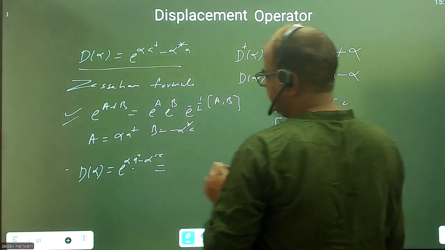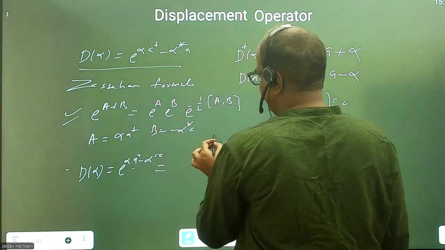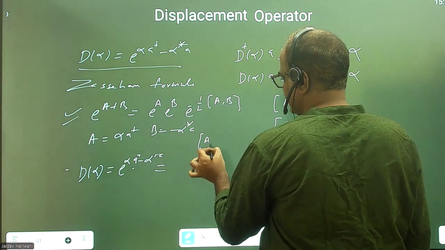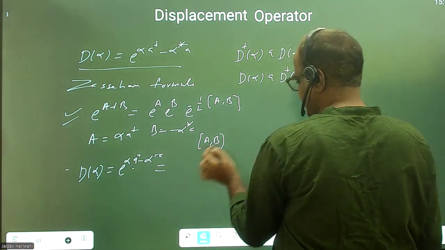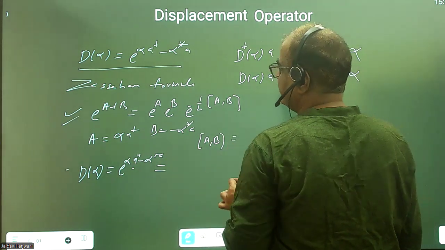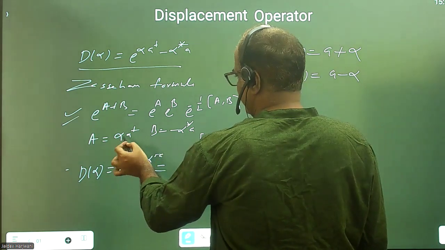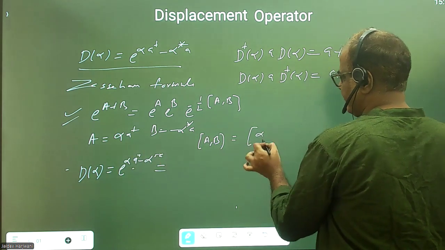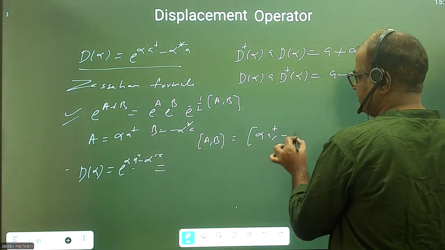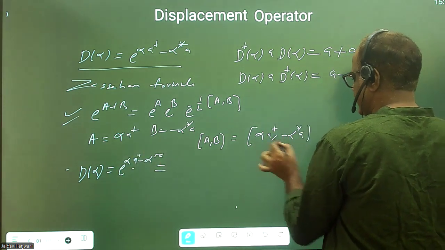My commutator becomes the commutator of A and B. Then my commutator of A and B becomes alpha A dagger minus alpha star A.